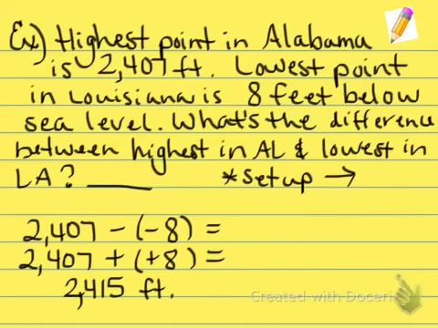And there's a chart where you have to actually look up the information. I just took the key information and wrote it in the math problem above. Okay, so the highest point in Alabama is 2,407 feet. The lowest point in Louisiana is 8 feet below sea level. What's the difference between the highest in Alabama and the lowest in Louisiana?